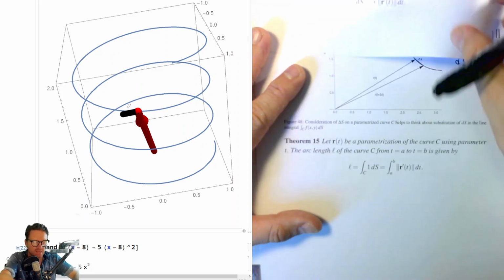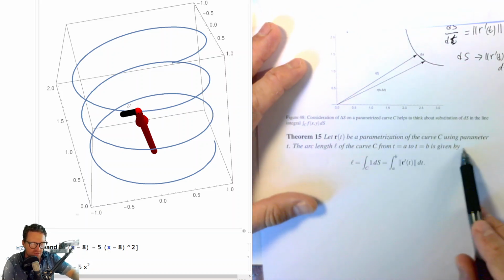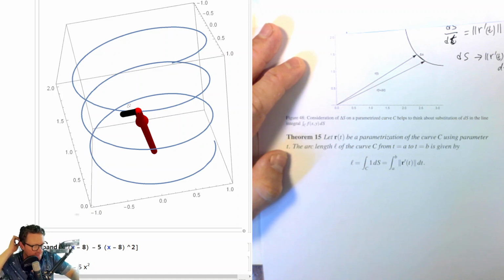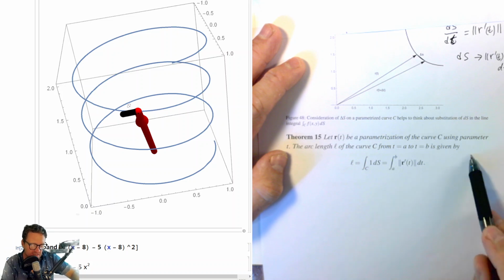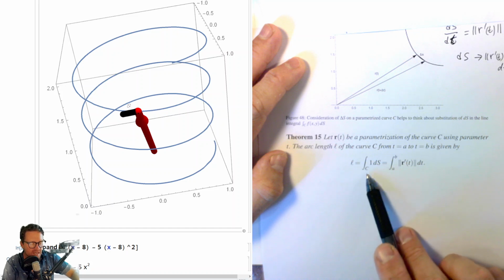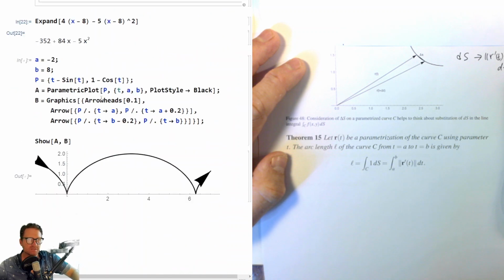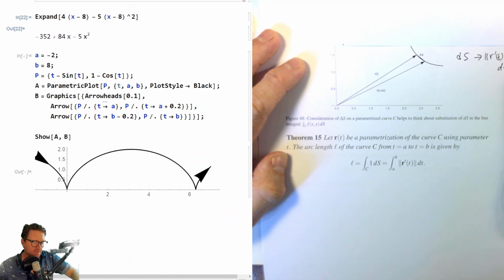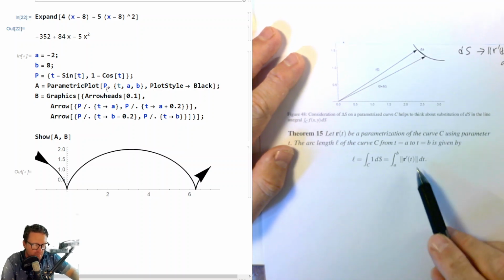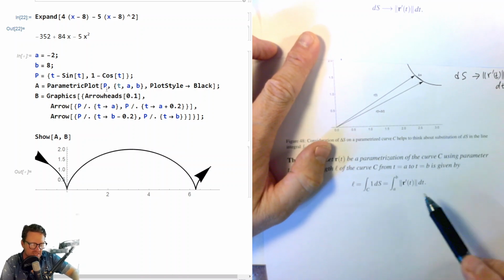Okay, so let's have a look at theorem 15. Let r(t) be a parametrization of the curve C using parameter t. The arc length L of the curve C from t equals a to t equals b is given by L equals the integral of 1 ds over the curve C. And now making this substitution, ds goes to the norm of r' dt.